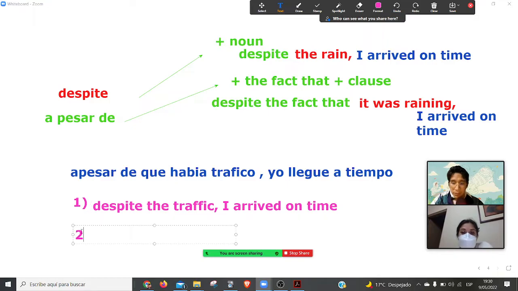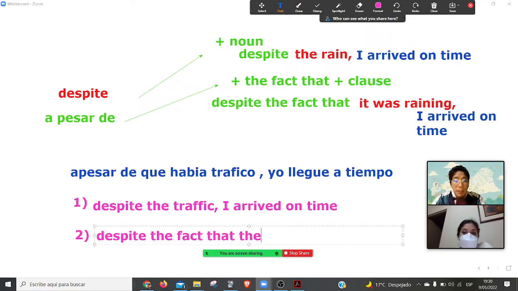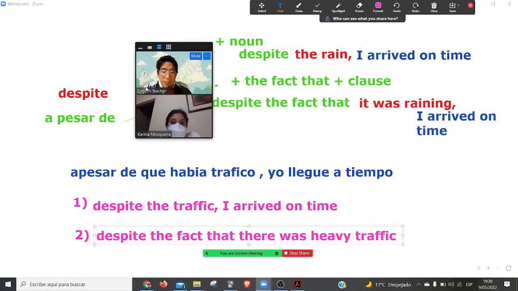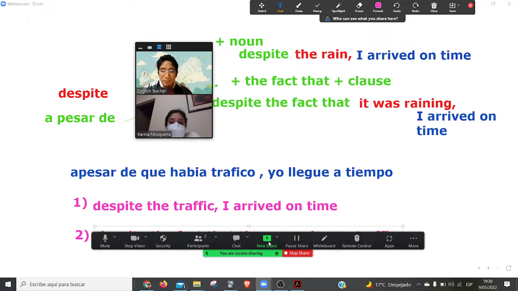Number 2. Ahora tienes que usar the fact that. Recuerda que tienes que usar un sustantivo y un verbo. ¿Cómo sería? Despite the fact that there was heavy traffic. Recuerde que cuando quieres decir que hay un tráfico muy fuerte se dice heavy traffic. El tráfico es incontable, por lo tanto se dice there was.